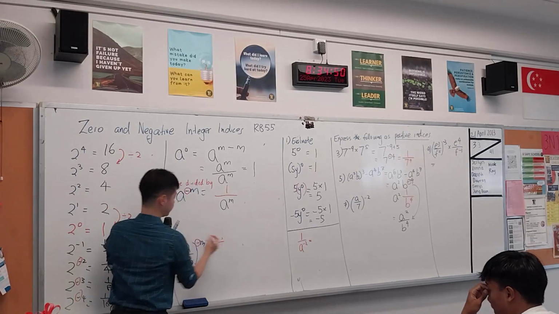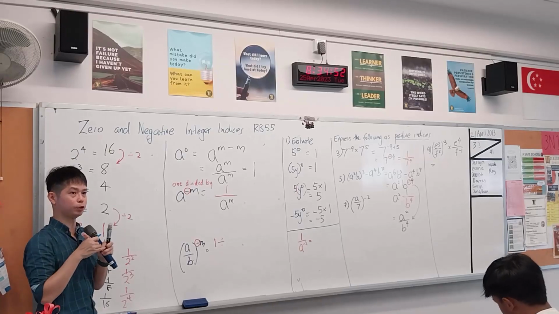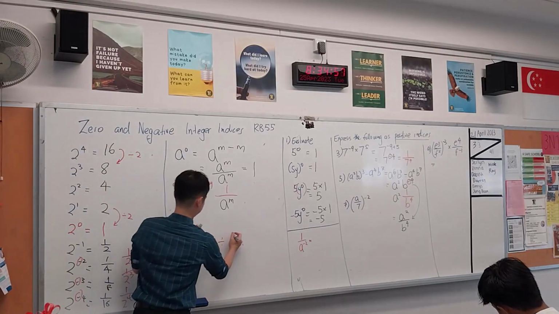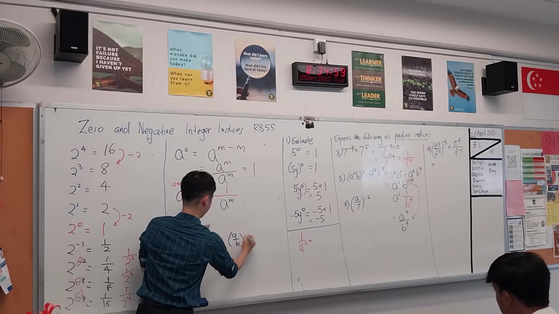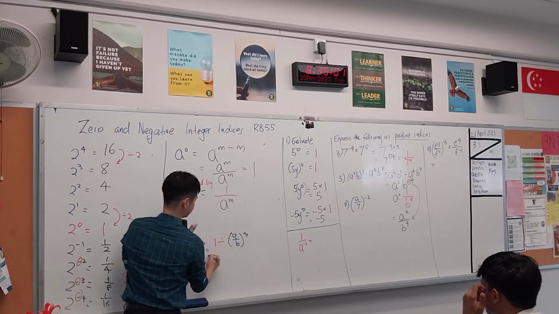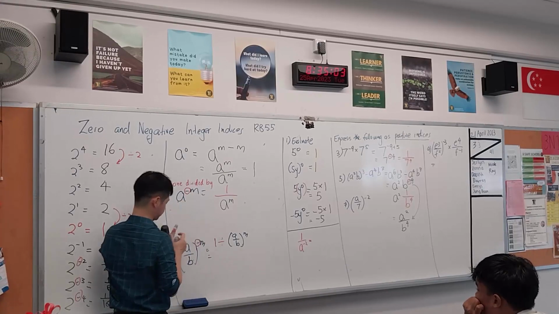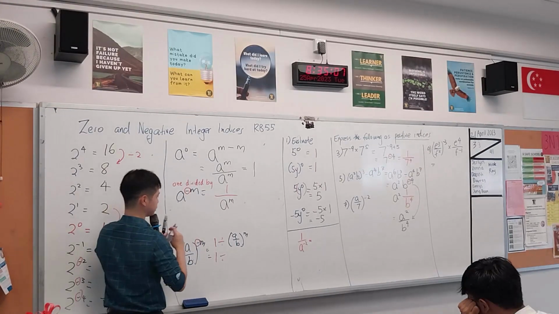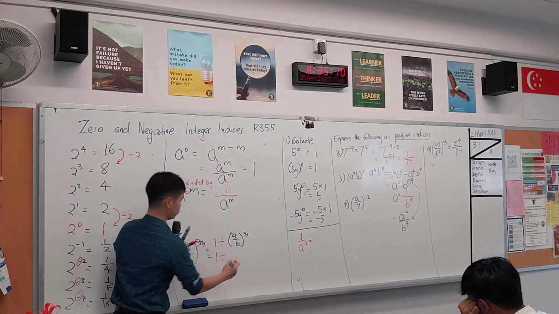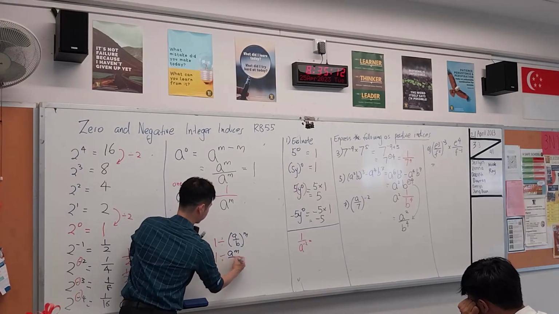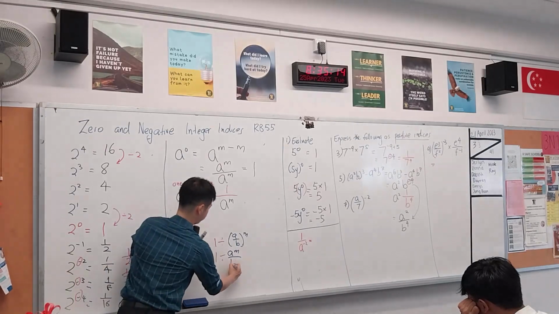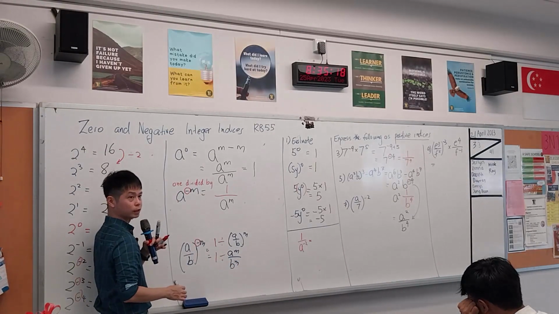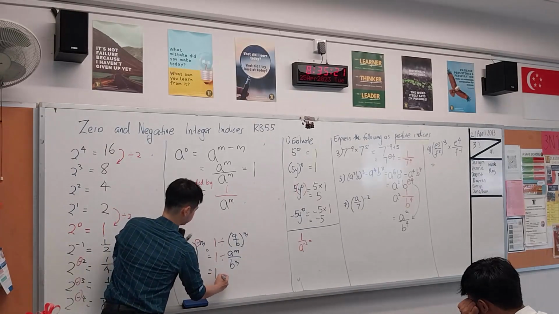1 divided by the rest of the blue part, which is A over B power M, right? So let's do the blue part first. We will have 1 divided by, let's open the bracket. Using the power law, I have A power M over B power M. Okay, now I change the divide to times.